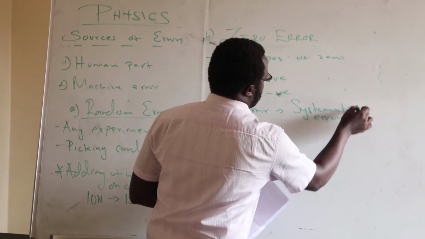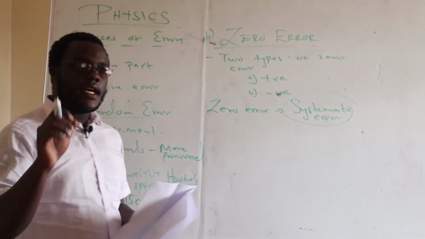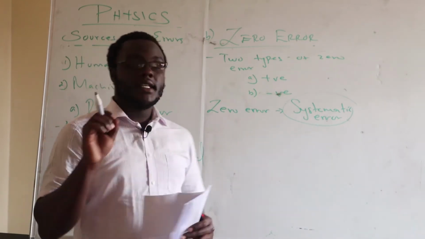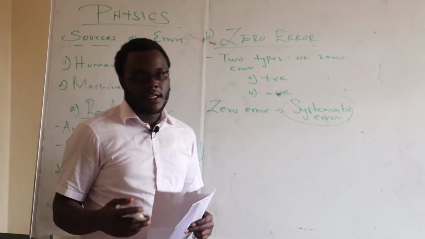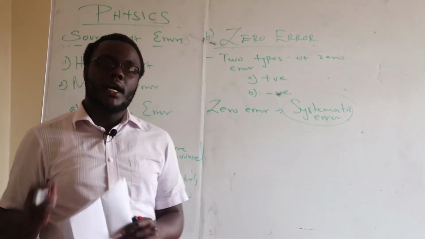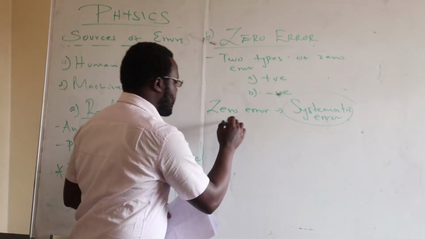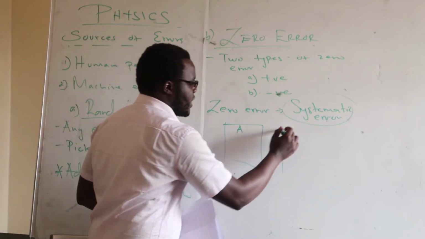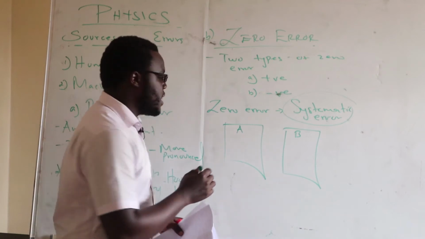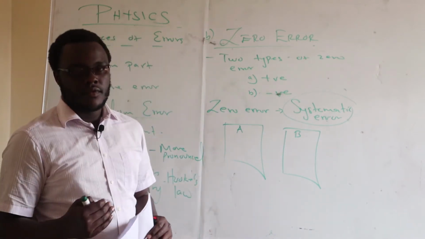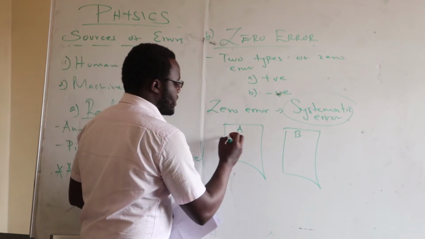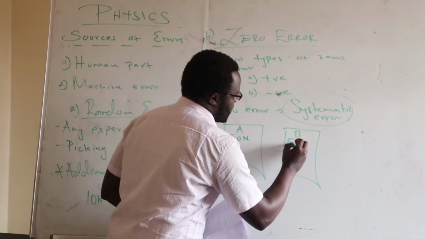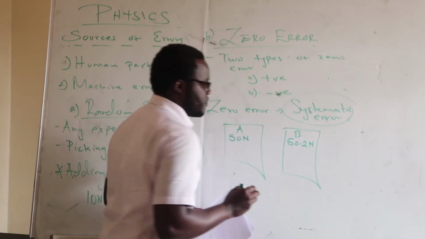And when you talk of a systematic error, we are talking of an error that is repetitive. A systematic error is a repetitive kind of error. For example, if some people are carrying out an experiment and they notice that for gadget A, as compared to another gadget B that is used for the same experiment, there is always an addition in the outcome. For example, when gadget A has something like 50 newtons, gadget B has 50.2 newtons.